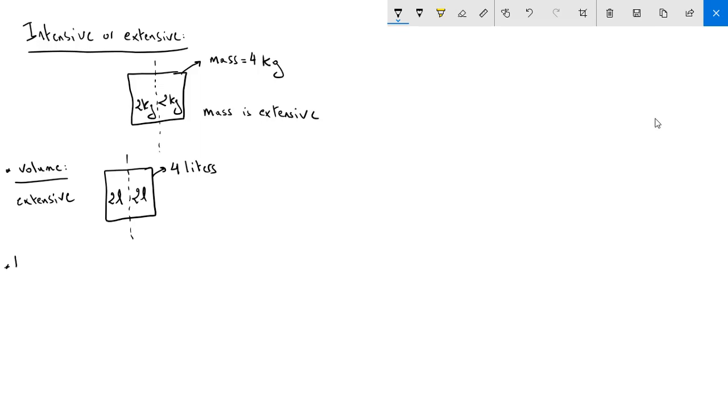Let's take, for example, the temperature. Let's say a cube which has an inside temperature of 20 degrees C. If we cut the cube in half, we will have to the left 20 degrees C and to the right 20 degrees C. Since the value of 20 degrees C is not the summation of all the values in the cube, the temperature is intensive.